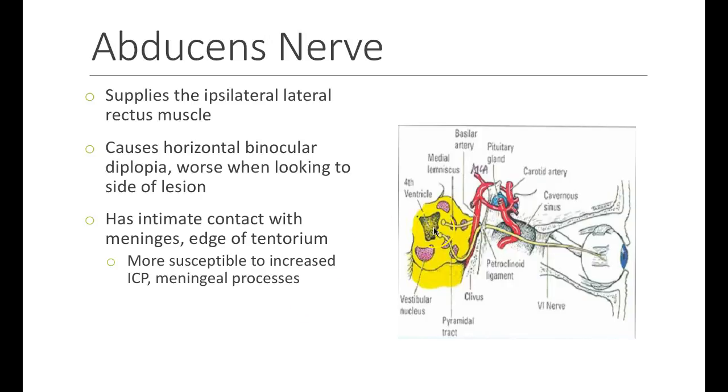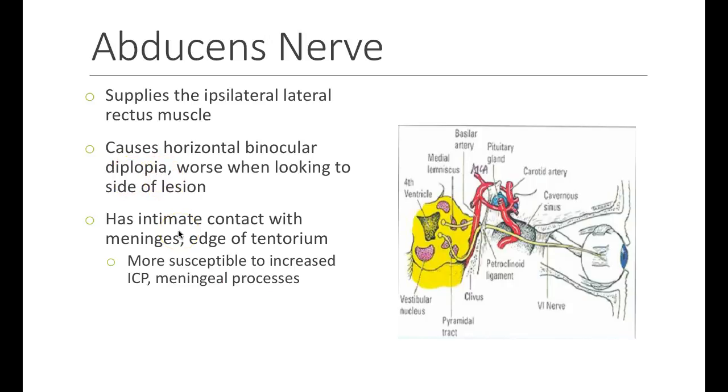The abducens nerve, after it leaves the brainstem ventrally, travels superiorly across the clivus, takes a 90-degree turn at the petroclinoid ligament, travels through the cavernous sinus, and then into the orbit where it goes to supply the lateral rectus muscle.